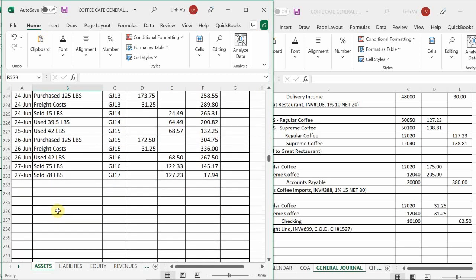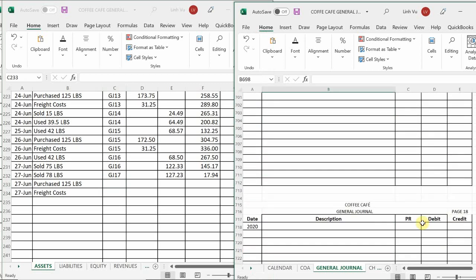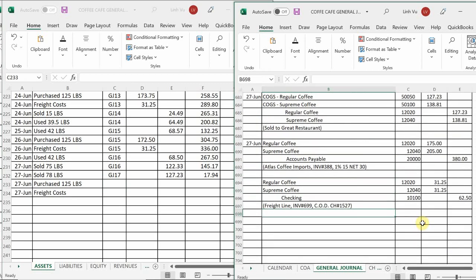Okay, regular coffee. Purchased 125 pounds and we had freight costs. We are on General Journal 17.